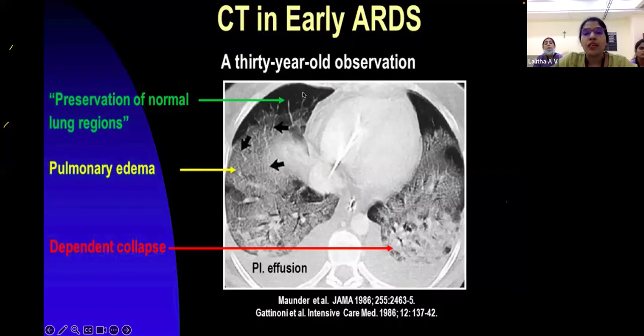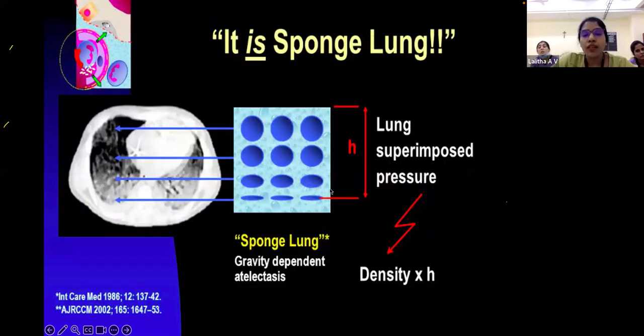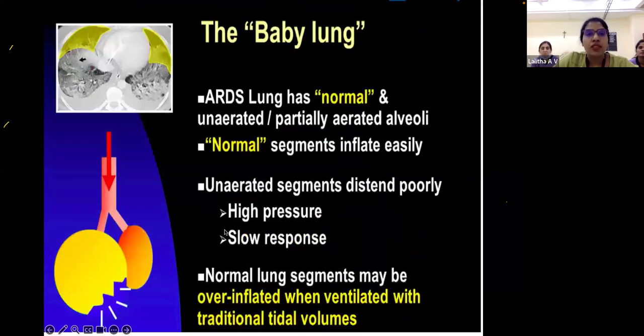The amount of lungs which are there to ventilate is only this part, the normal lungs part, right? It has also been compared to sponge lungs. So the ARDS has got normal, unaerated, and partially aerated alveoli.